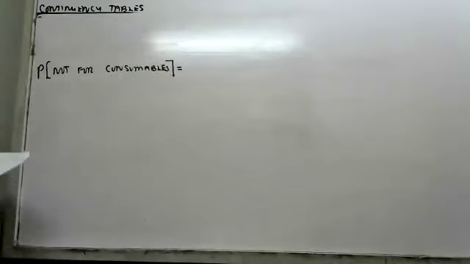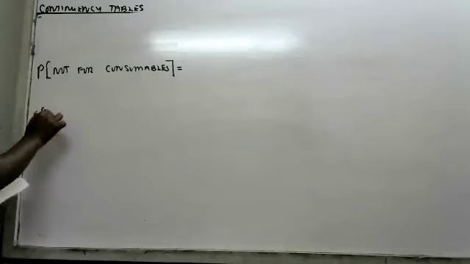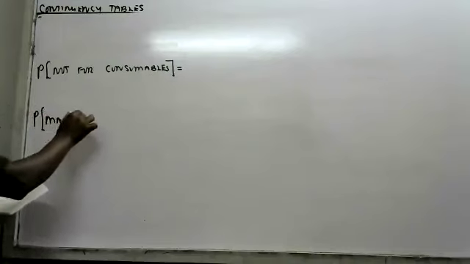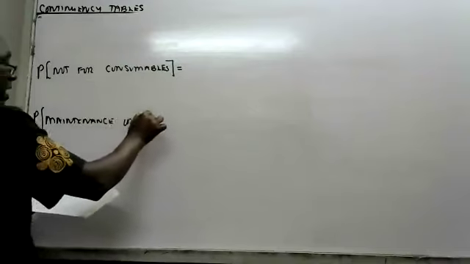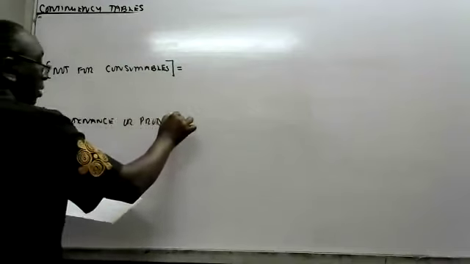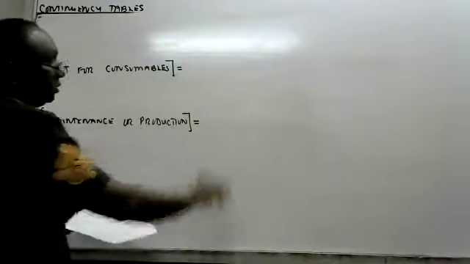Give me the probability that it was not for consumables, and then tell me the probability that it came from maintenance or production.